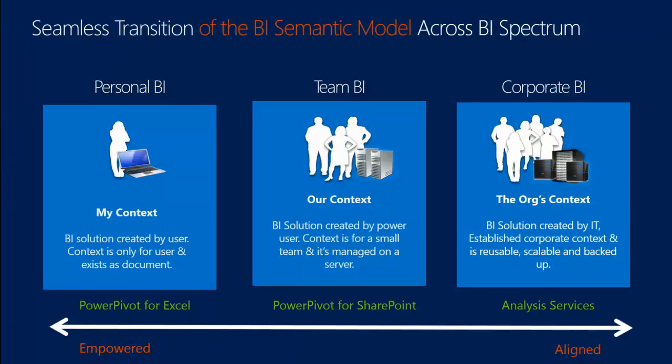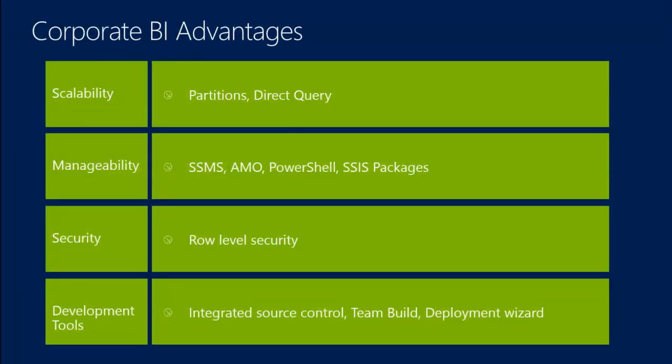So what are the advantages of corporate BI over Power Pivot? Scalability. There are things like partitioning. So you can create partitions in your model, and I'll show you why you want to do that later on. There's something called DirectQuery, which used to be only available against SQL Server databases. It is now also supported against PDW databases, PDW v2.